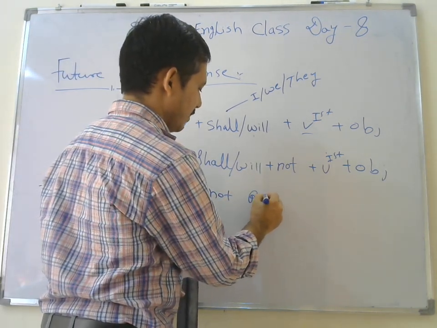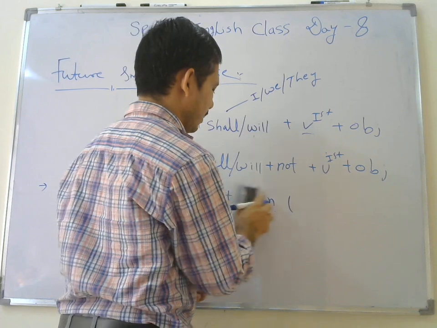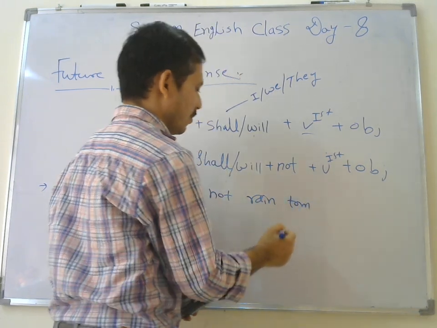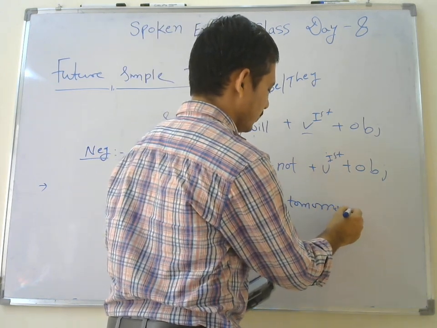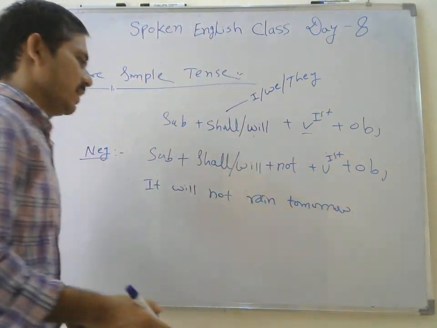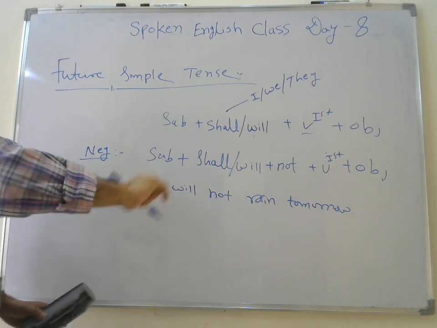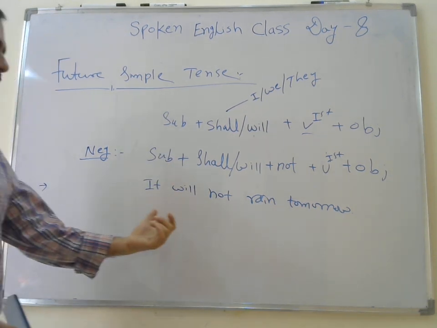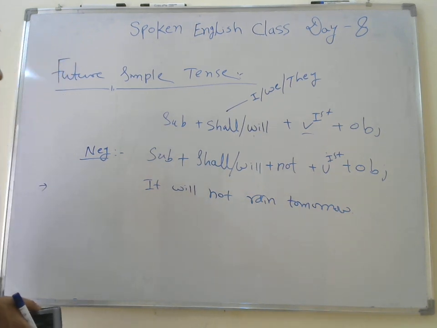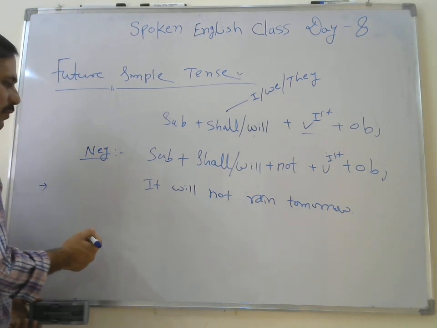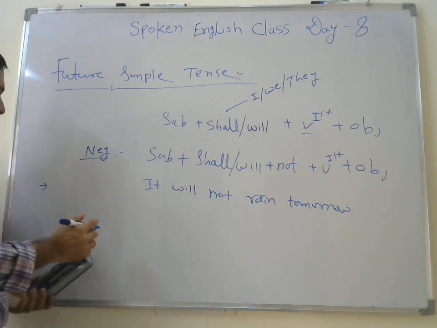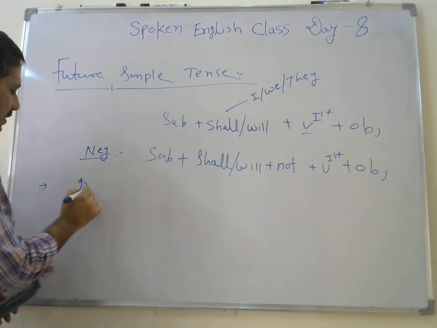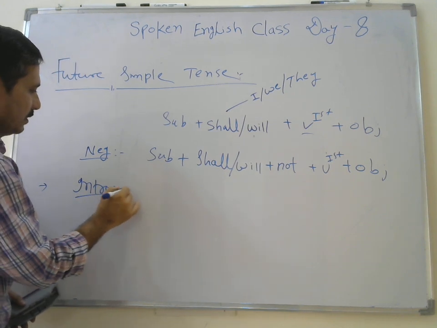It will not rain today also in the later portion, because this shows your future activity. Today it will not rain, or it will not rain tomorrow. Okay, friend. Then an interrogative sentence, right? We'll see the structure of your interrogative sentence.